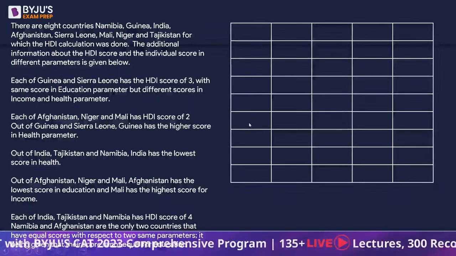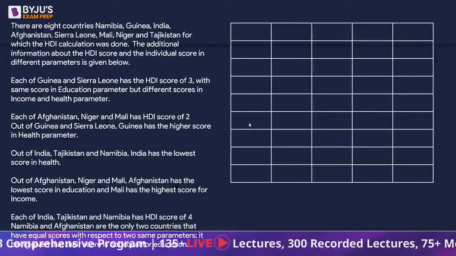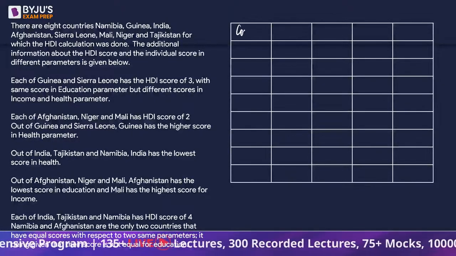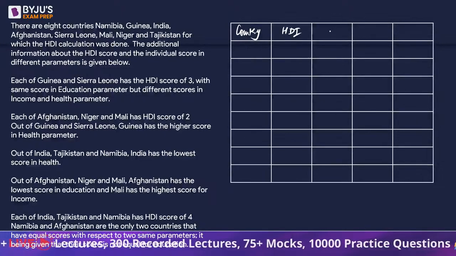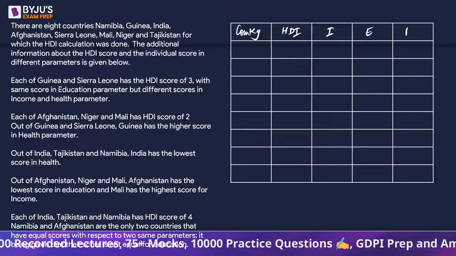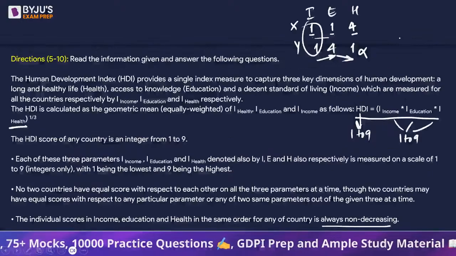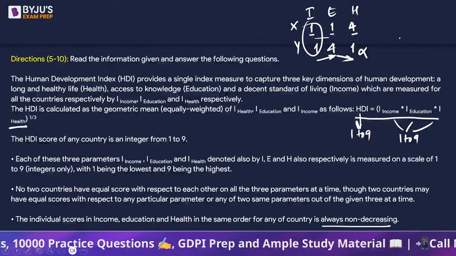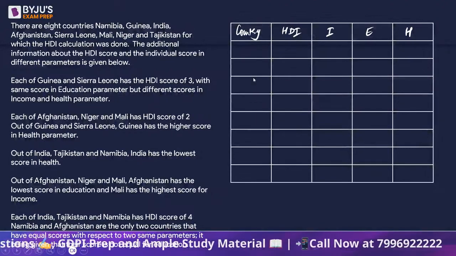Okay, so let's fill in some of the values. So we will be writing down the country, we will be writing down their SDI, and then we have income, education and health, IEH in this order, I believe. Income, education, health. Income, education, health, right? Let's fill up the countries' names as well.